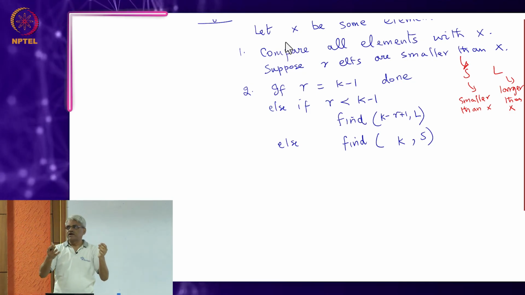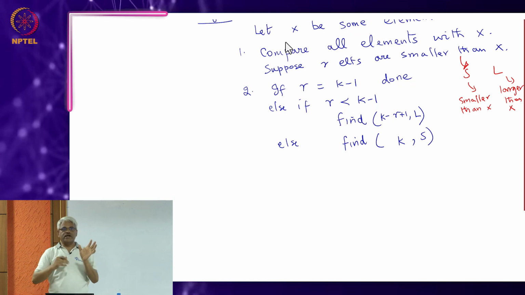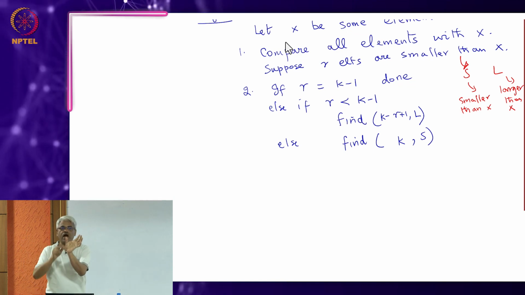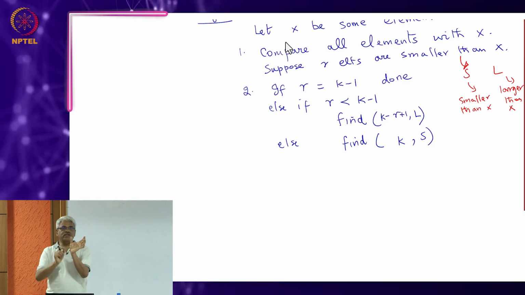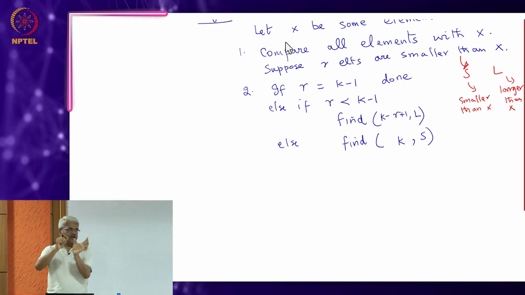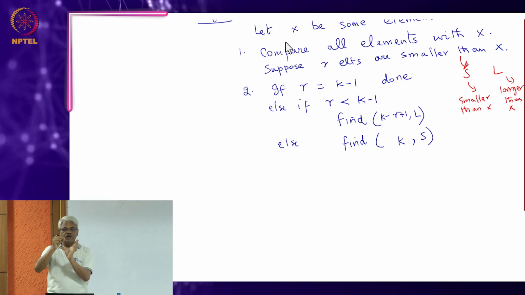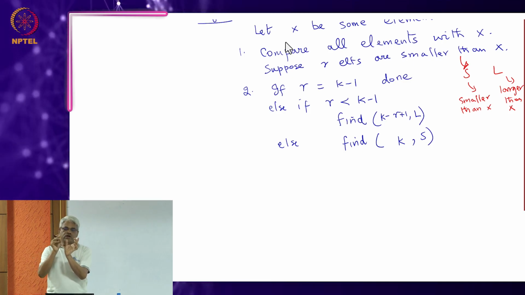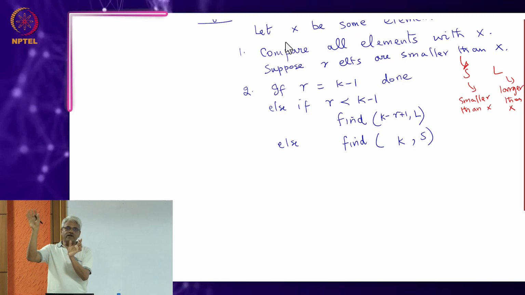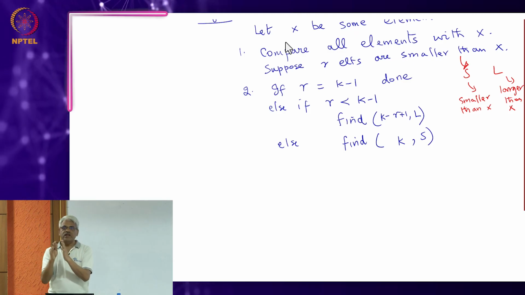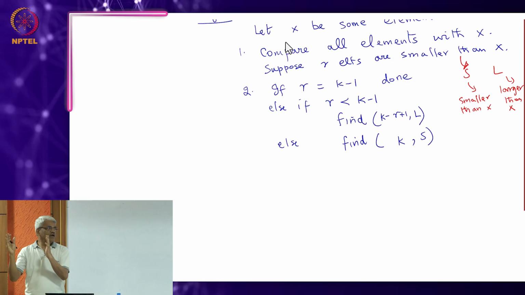Let's say I'm looking for the 100th smallest element, and if I have exactly 99 elements smaller than it, then good, x is the 100th element. If I have some 40 elements smaller than x, then 40 and 41, so I should subtract 100 minus 41, that is 59. Look for the 59th element in the right side.